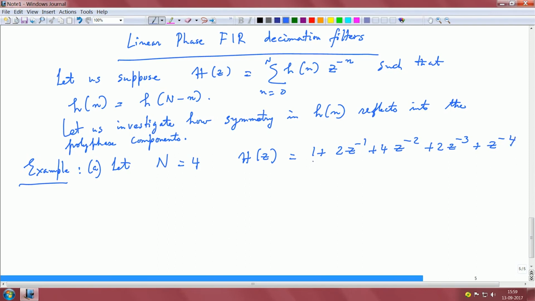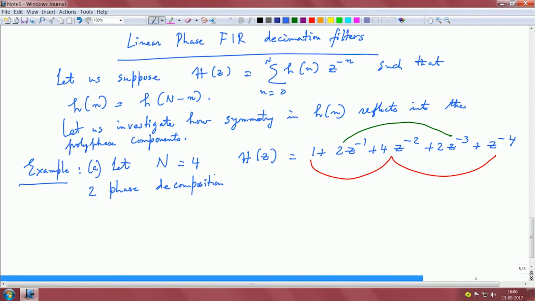Basically, if you want E naught, we take 1, 4 z power minus 2, then we choose this as one part, and then we could choose this and this as our second part, right, for L equals 2 polyphase. Let us take two phase decomposition. So M here, M equals 2 in this case.